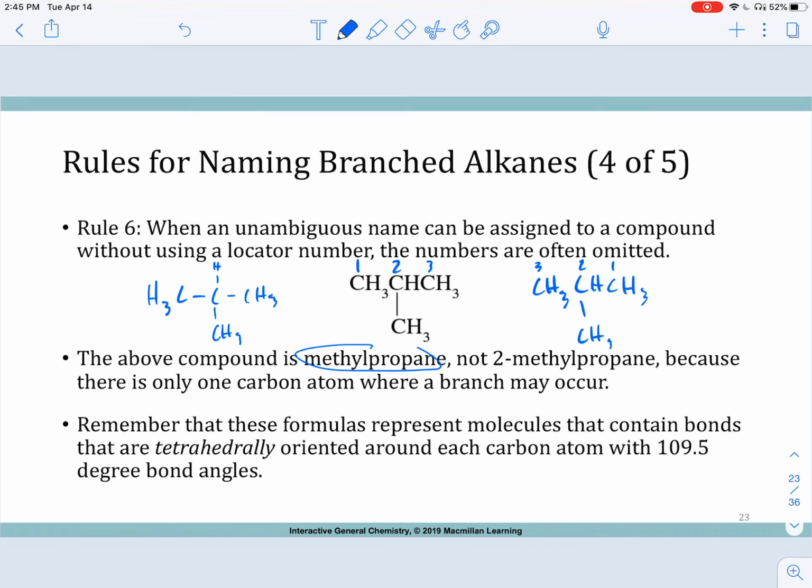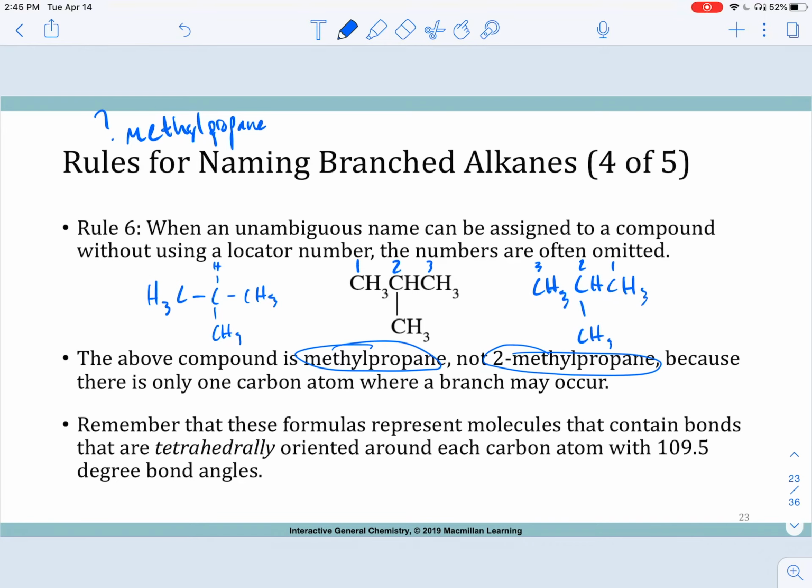So this one's not technically incorrect. It's just that the point of naming systematically like this is to simplify the process and be consistent every time. So yes, this is at the 2 position, but if you saw just the word methylpropane, you'd think, what the heck, there's no number here. Where is the methyl group?